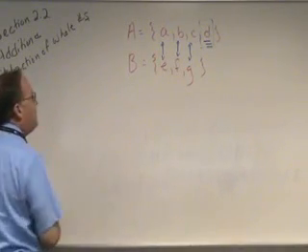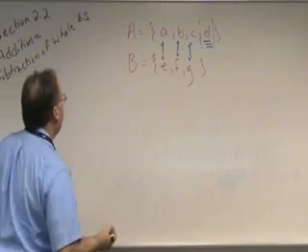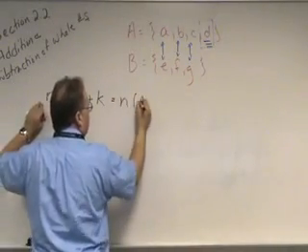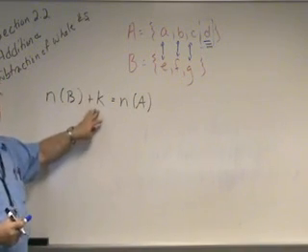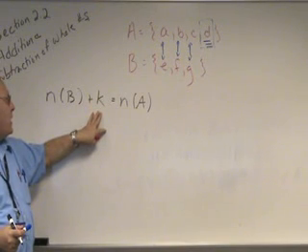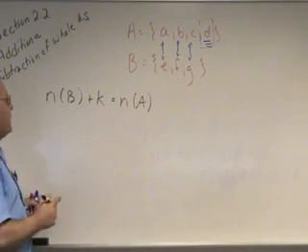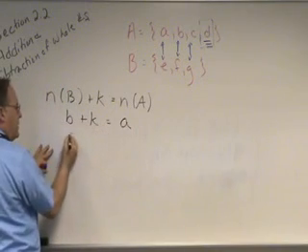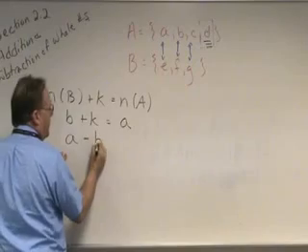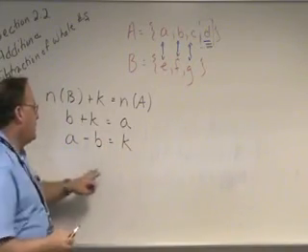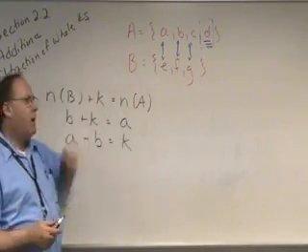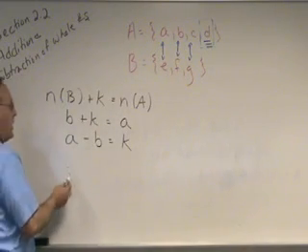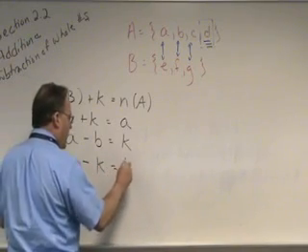And so you can see here that the number in B plus K is equal to the number in set A. This K is the number of elements that A has that are greater than B. So I can say from this, essentially B plus K is equal to A. I can make this statement that A minus B is equal to K, and again, K tells me how much greater the number in set A is than the number in set B. Similarly, I could say A minus K is equal to B.